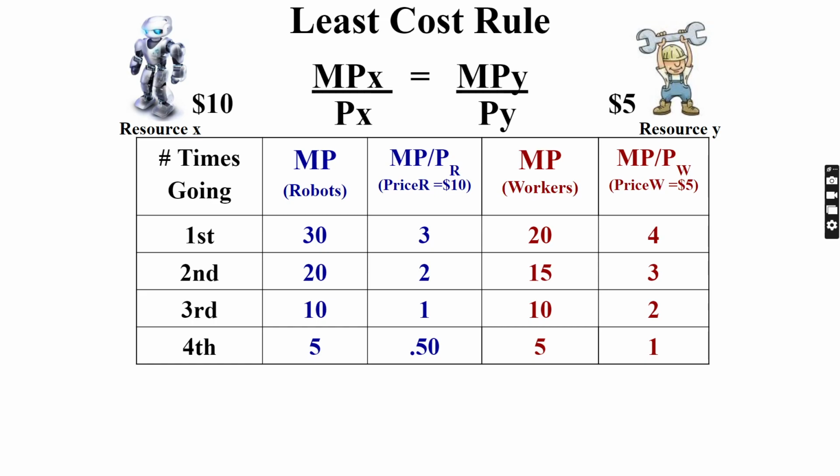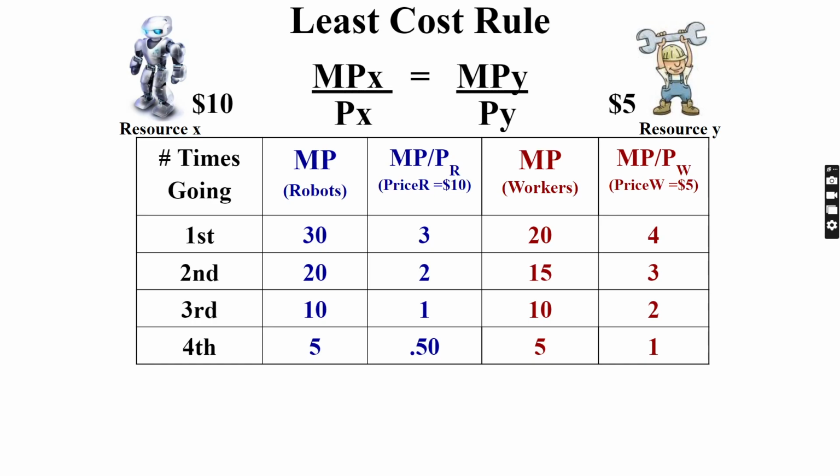If we go through this table, you can look at it visually and see one after the other what the benefit of each one would be. I have the answers here for the marginal product per dollar, and we're going to go back and forth. If we look at the first unit, the first worker is going to add more marginal product per dollar because 4 is greater than 3.